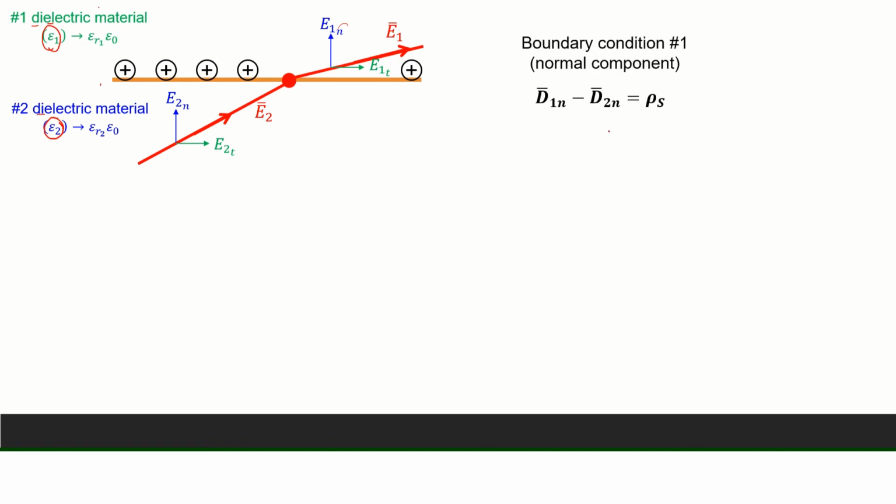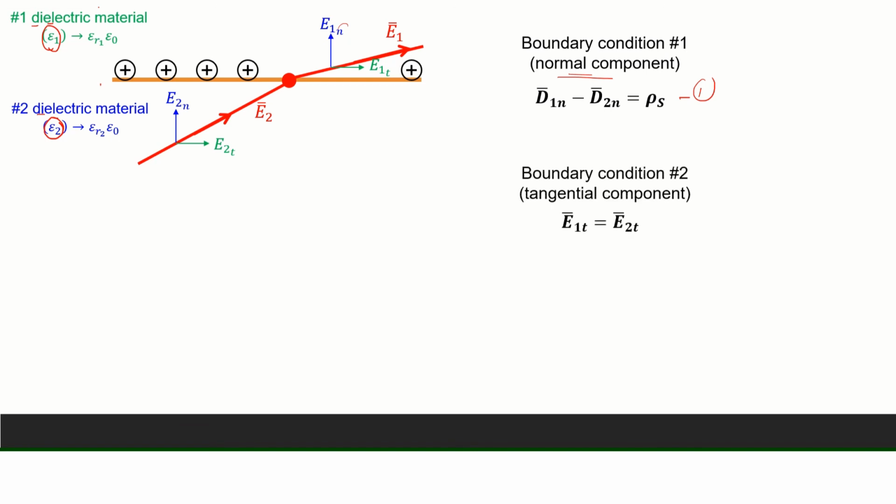For the normal component, boundary condition 1, same as for the conductor, D1n minus D2n equals rho s. This is equation number 1.